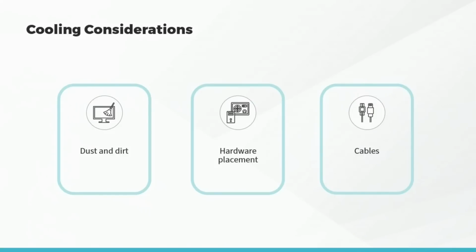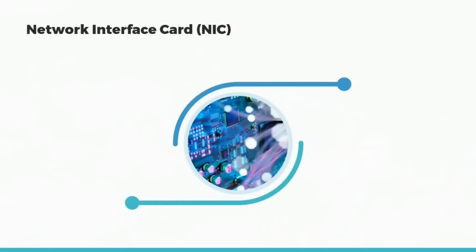For our final video of this course, we'll examine the role of the Network Interface Card, or NIC, which is also commonly referred to as an Ethernet card or a network adapter, but regardless of the term, the functionality is the same, and that is to provide your computer with the ability to connect to a network and all of their associated components and resources, such as servers, printers, switches, and routers.